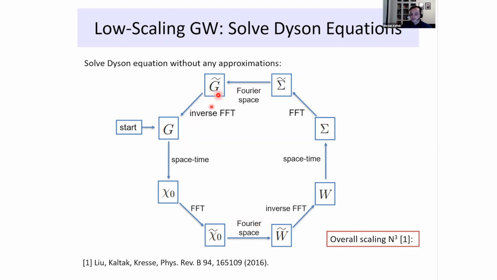And then you do again a loop, a step, and so on. Now this procedure scales with the third power of the system size N, but might be slower for smaller systems because of many FFTs involved.